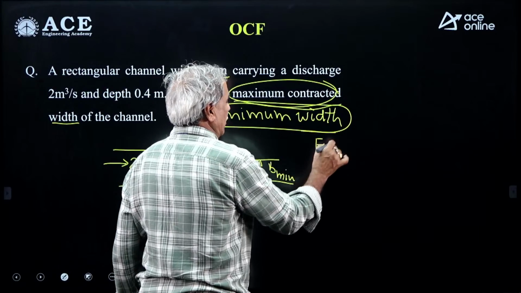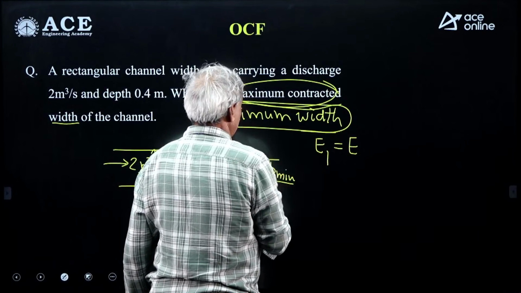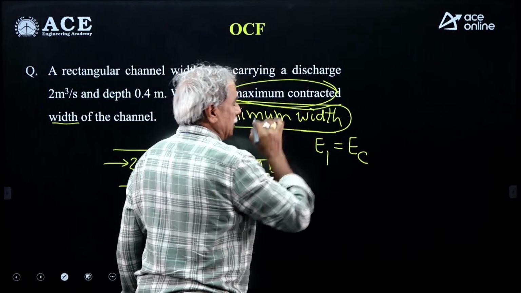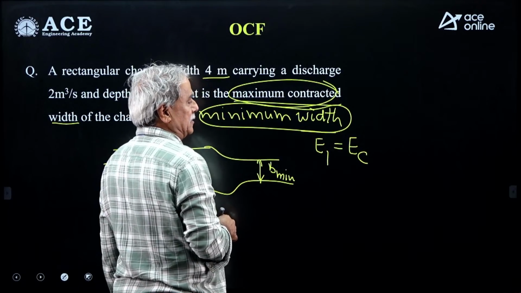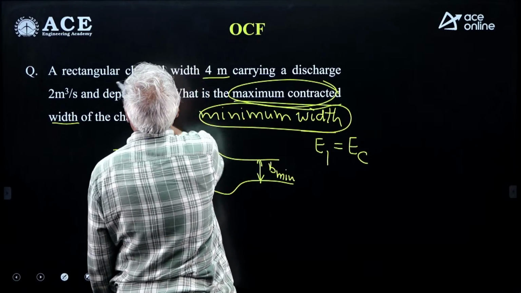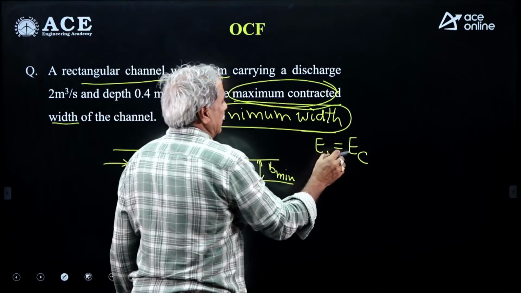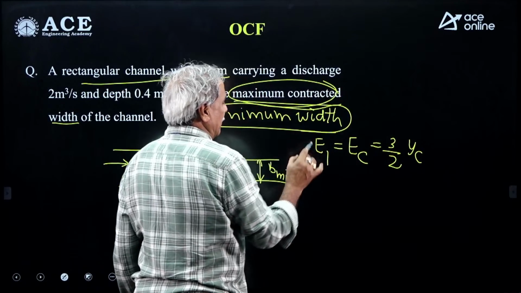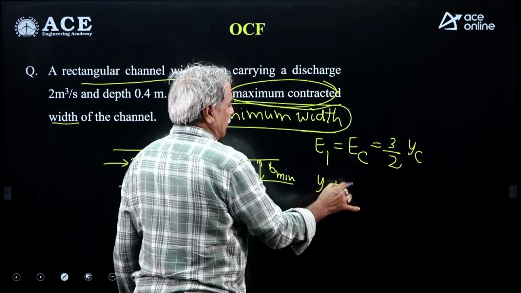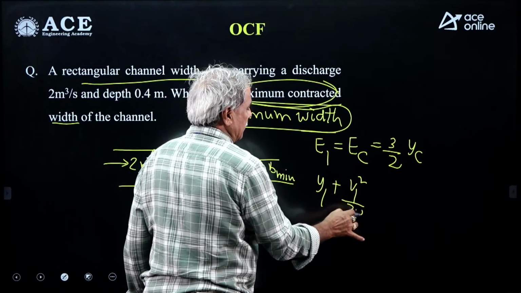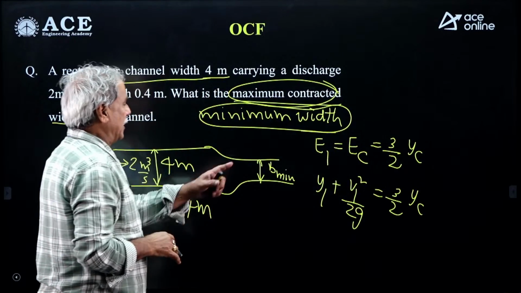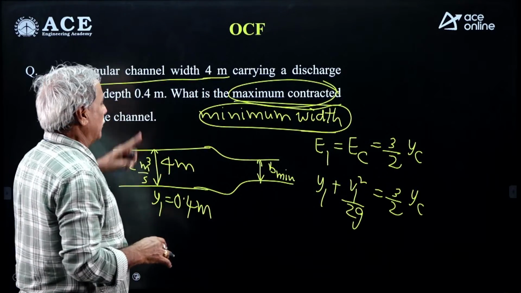Specific energy remains constant, because maximum contracted bed width means it is a critical section. E1 is equal to Ec. It is a rectangular channel. Ec will be 3 by 2 Yc. E1 formula: Y1 plus V1 square by 2g, that is equal to 3 by 2 Yc. What is Y1? 0.4 meters.